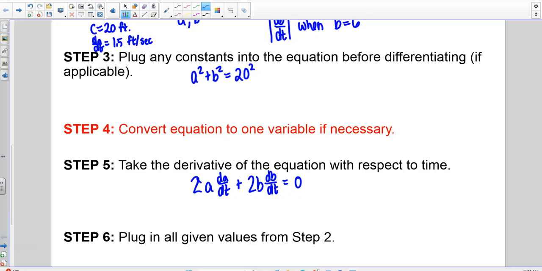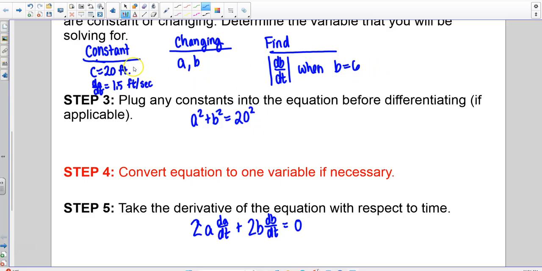Okay, so now we can plug all our values in. So I've got 2. Oh, I'm going to run into an issue right away. I know dA dt. I'm going to use my highlighter here. dA dt is 1.5. I know it.